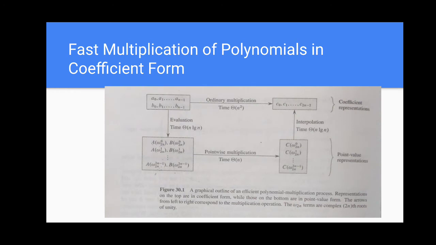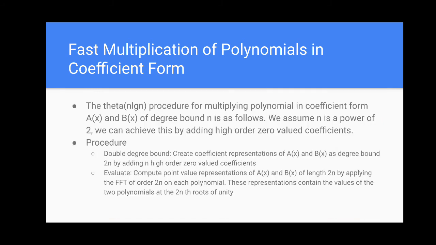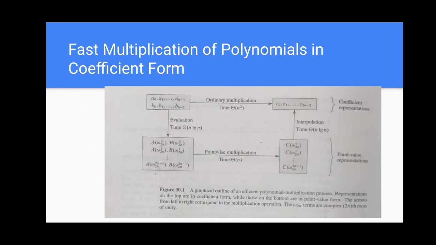The fast multiplication of polynomials in coefficient form can be outlined as given here. Let us say there are two polynomials, a0 to an minus 1 and b0 to bn minus 1. You can convert them into point value representation by evaluating the polynomials at the 2nth roots of unity, that is, A of omega 2n of 0 and so on, and similarly B of omega 2n of 0 and so on.